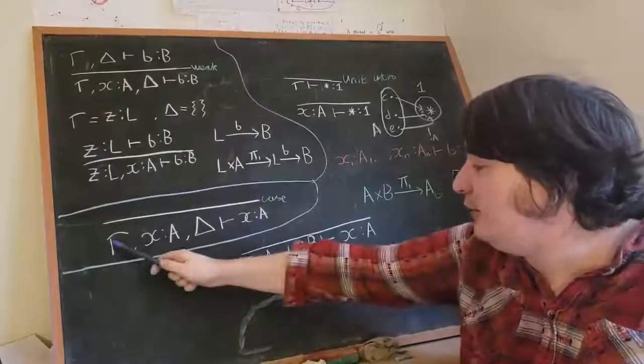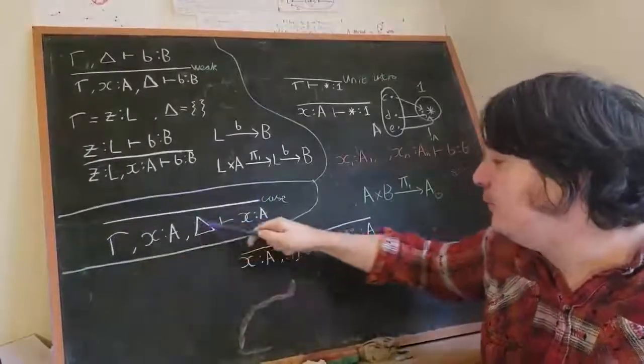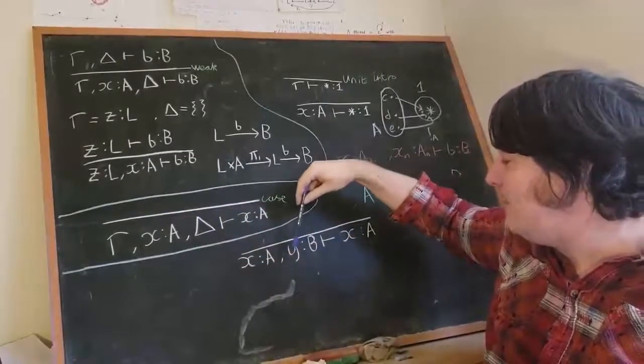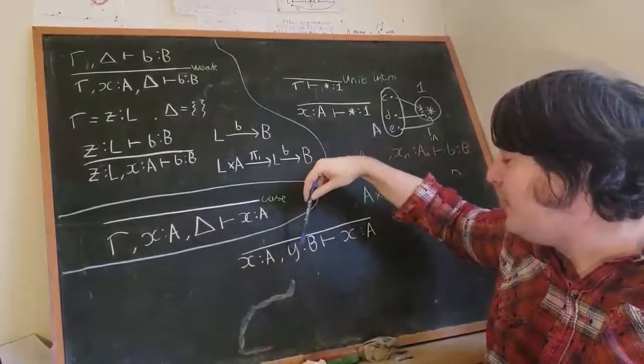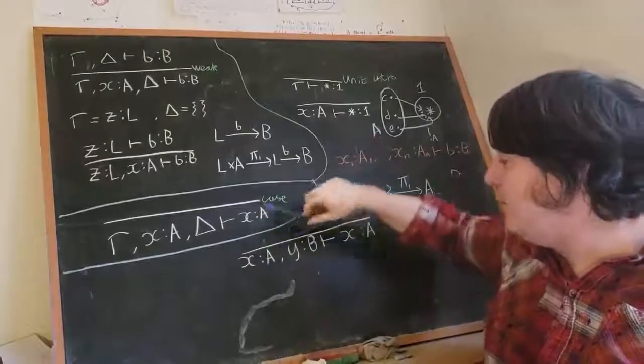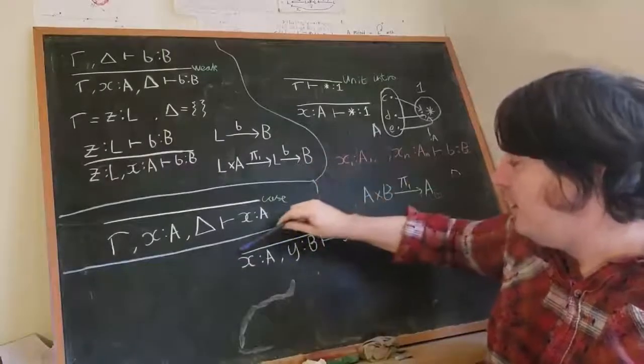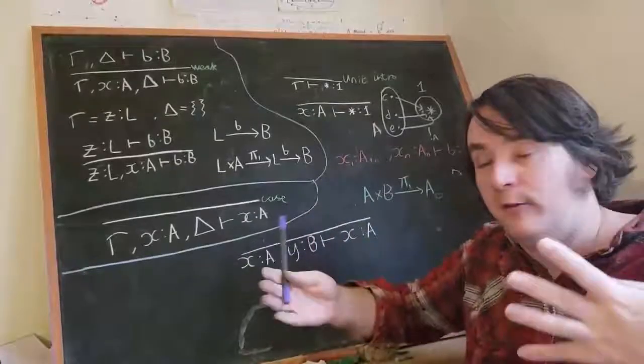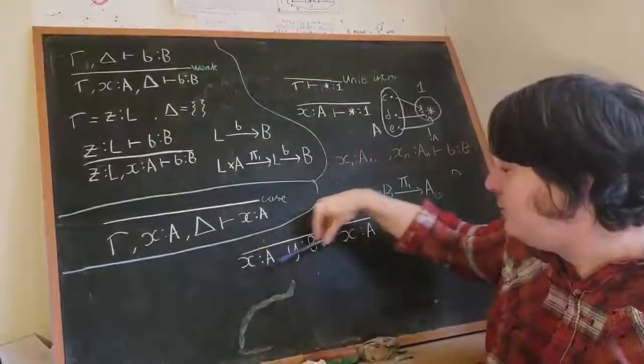We'll set this context gamma to be empty, and we'll set this context delta to just consist of a value y of type B. And so we know that this is true. So when we write this horizontal line here, we're saying that from nothing, we get that this is true.